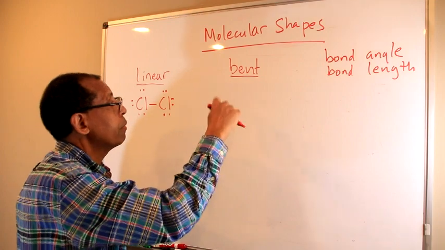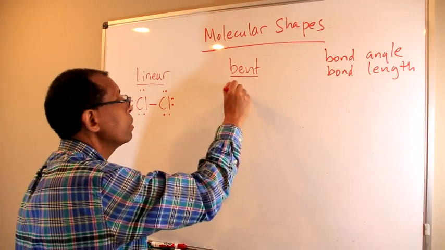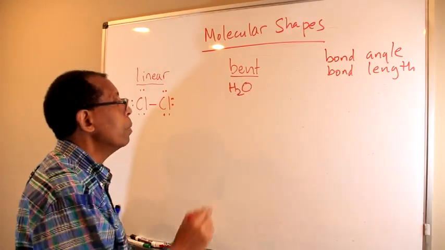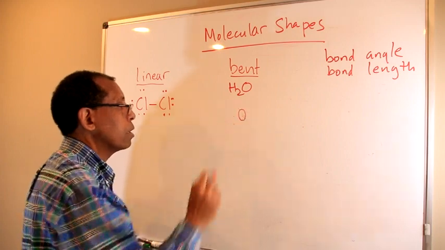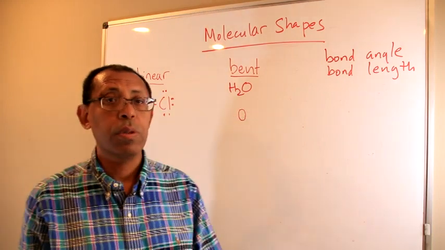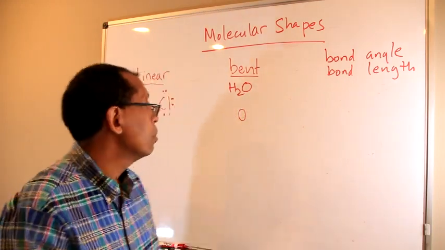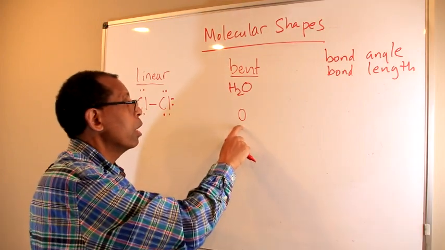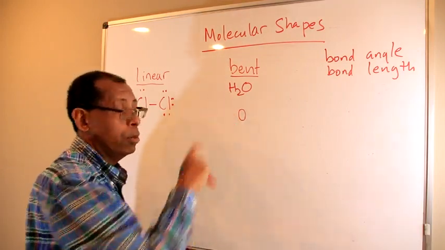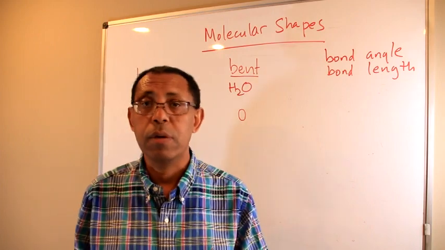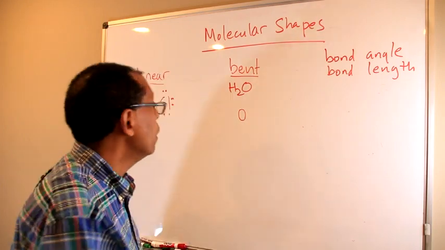In bent molecules, for example, let's take water, which is H2O, put oxygen as a central atom because that is the most electronegative atom, and also that's what should be at the center. Hydrogens cannot be at the center of the molecule, as you know.